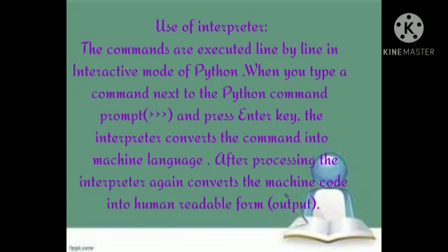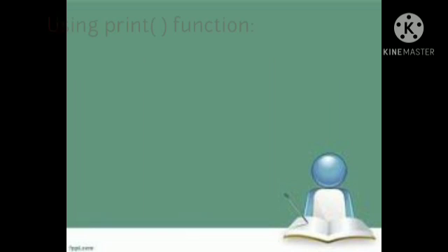Now, use of the interpreter. As we already know, in an interpreter, commands are executed line by line. So, in interactive mode of Python, when you type a command next to the Python command prompt and press the enter key, the interpreter converts the command into machine language, and after processing, the interpreter again converts the machine code into human readable form, that is, in the form of output using the print function.